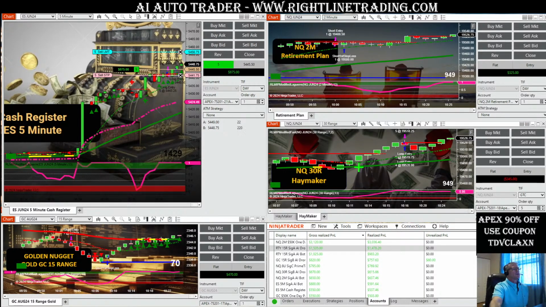This could be another long setup on the NASDAQ. Our signal B should be getting ready to fire off.